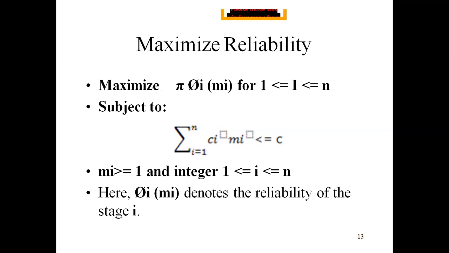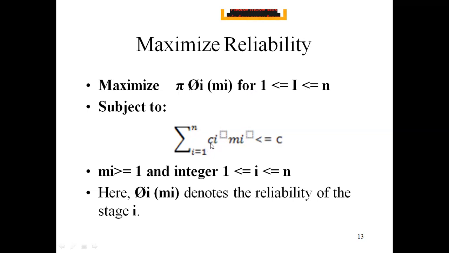Within that particular C, we need to consider how many devices are needed, such that it gives the maximum reliability. So maximize the product of phi i of mi, for i from 1 to n. Subject to the sum over i equal to 1 to n of Ci mi.